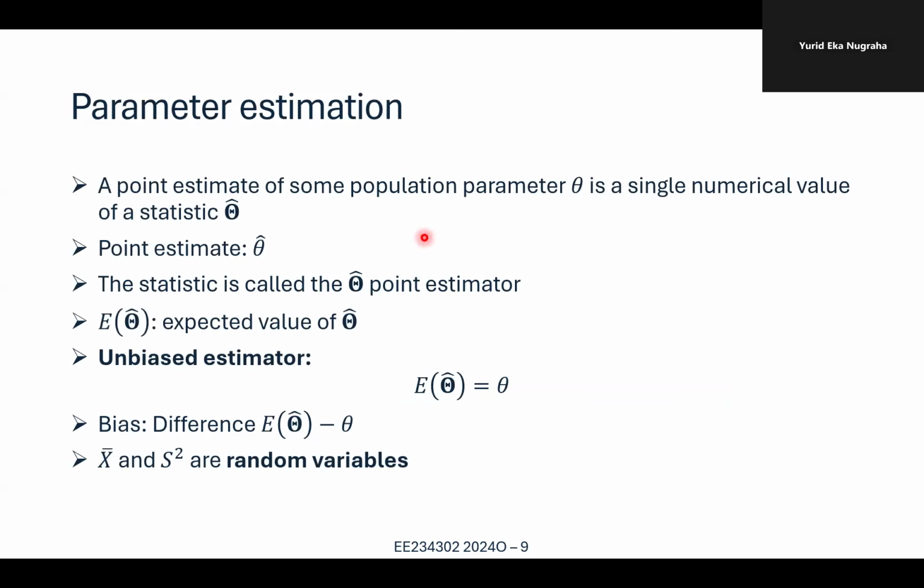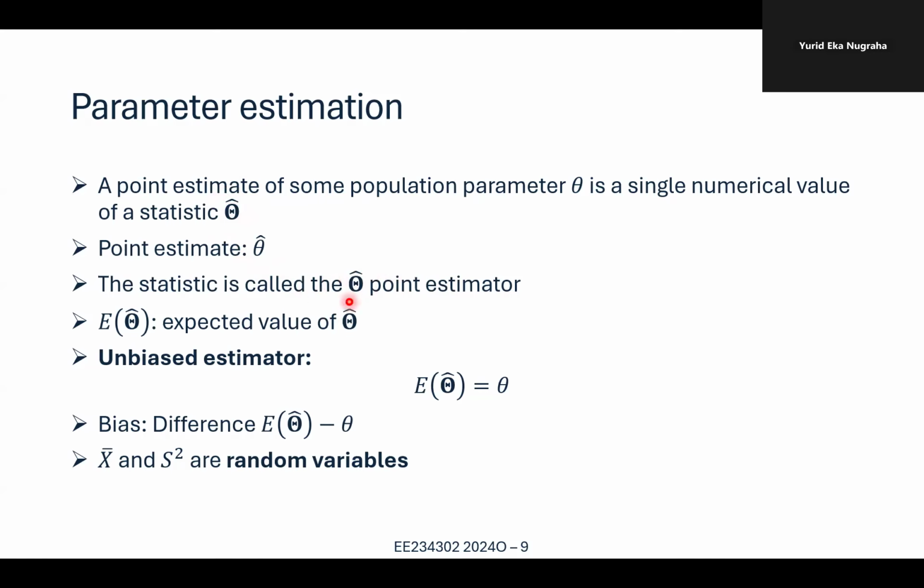A point estimate of some population parameter theta is a single numerical value of a statistic theta hat. The statistic is denoted by capital theta hat, while the point estimate is the small theta hat.